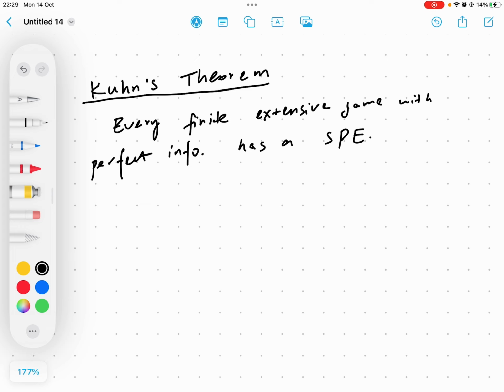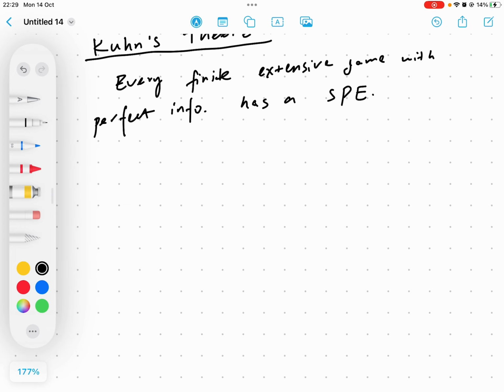Okay, so this looks true, right? But we have to prove that, right? And the approach of this proof is by mathematical induction. Okay, and it's sort of dynamic programming, and it's solving this game backwards.